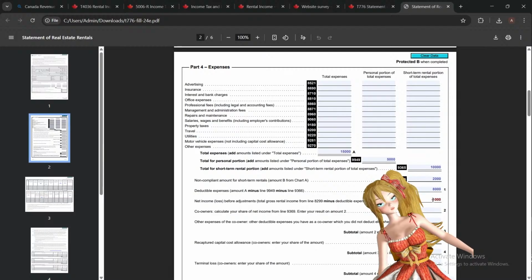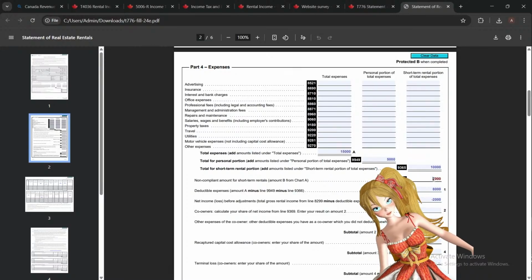And I subtract. So they gave me $1,000. No, this is stupid. I get $1,000. Therefore my net income goes down.